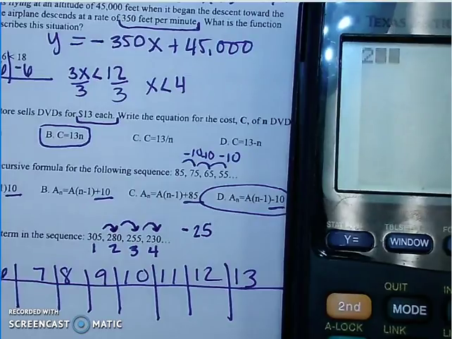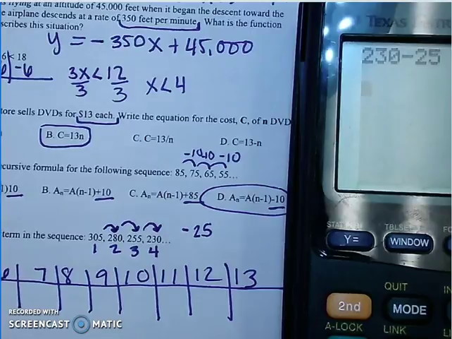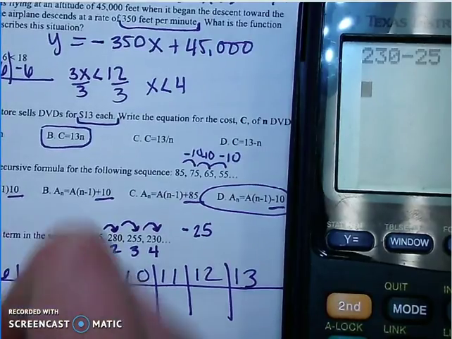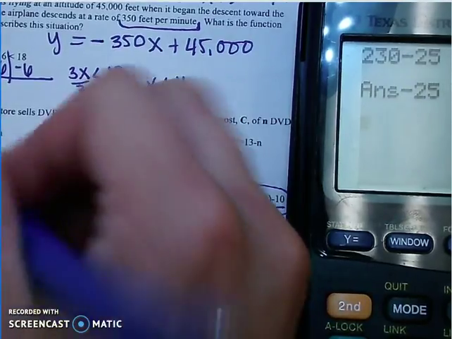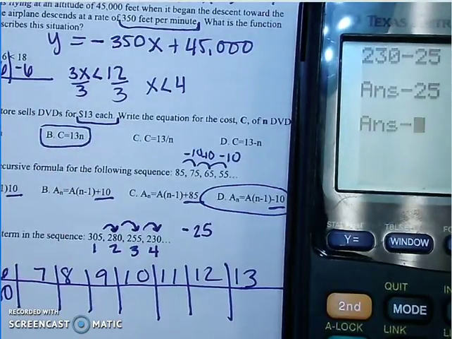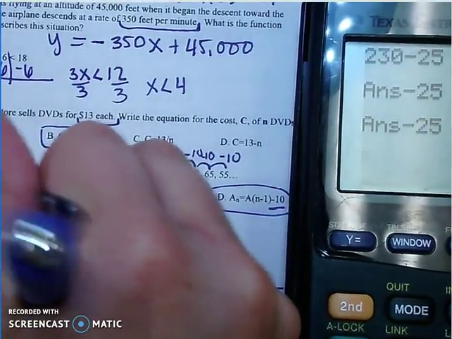So I'm starting at 230, that's the fourth term, and I'm going down 25. Not 20, 25. That's 205. Minus 25 again, 180. And you just keep going.